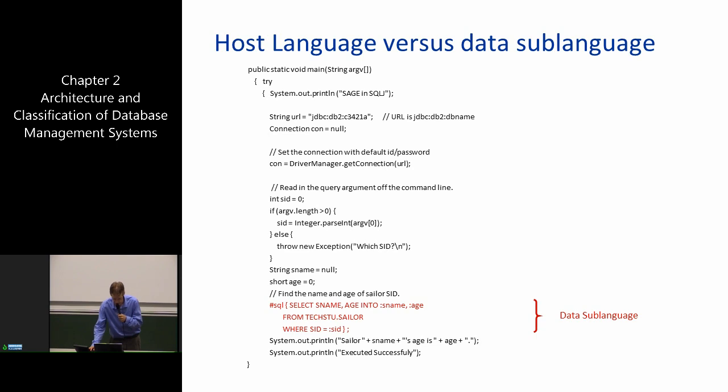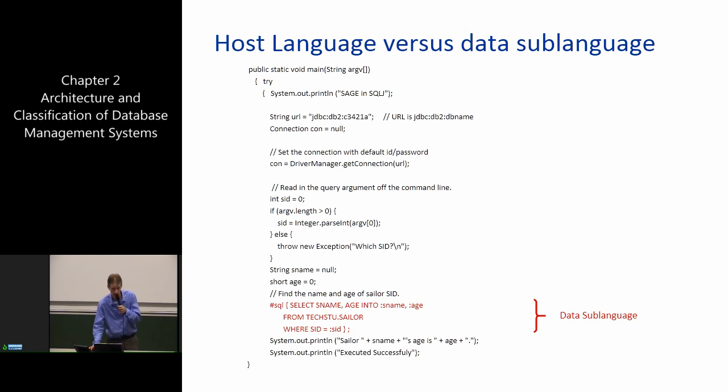So here you can see all kinds of statements in Java, statements that are going to make a connection to the database, statements that are going to read certain types of input from the command line, and at some point you want to, in this particular case, find the name and age of a certain sailor. Here you then see an SQL statement, so you can see a delimiter.